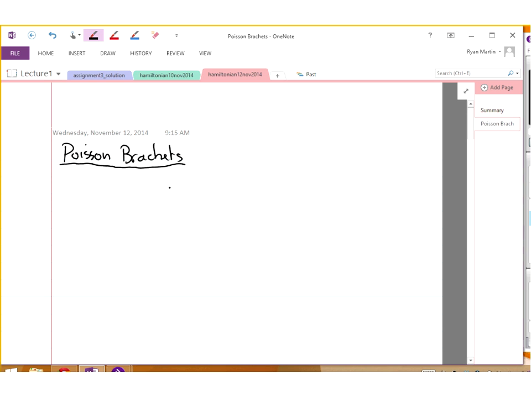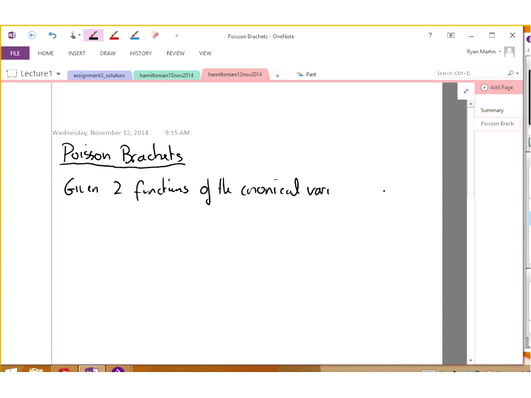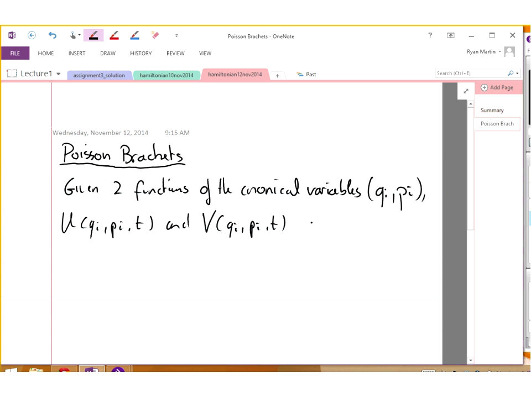So, given two functions of the canonical variables, by canonical variables I mean q_i, p_i, and those two functions I'm going to call u of q_i, p_i, and t, and v of q_i, p_i, and t.